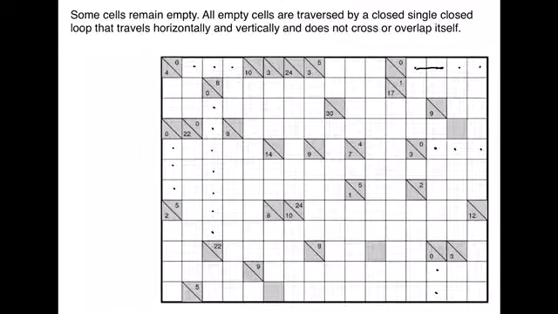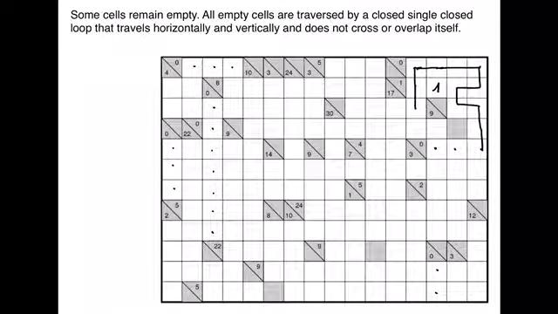So it has to be a straight line in here, and it has to go up this way and this way. But now a sum of 1 needs only 1 digit, so 1 other cell must be taken by the loop, and it can't be this one, because then we'd be forced to do that, and this one would be broken. So I think the digit 1 is here, and the loop has to do this and this.